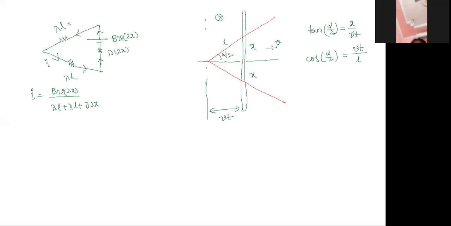F is already given to you. What is the value of F? That is F naught V. FB is nothing but I into B into length. So M into V dV by dx. So I, the whole expression can be substituted.